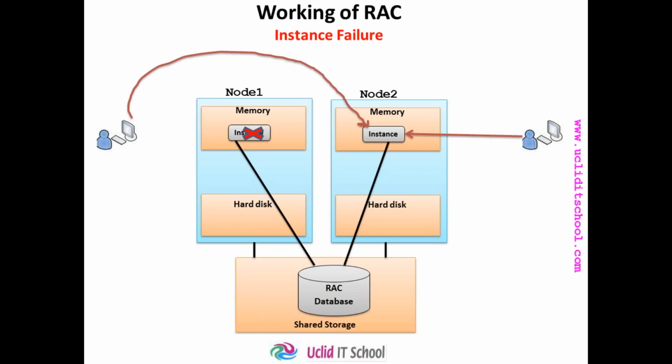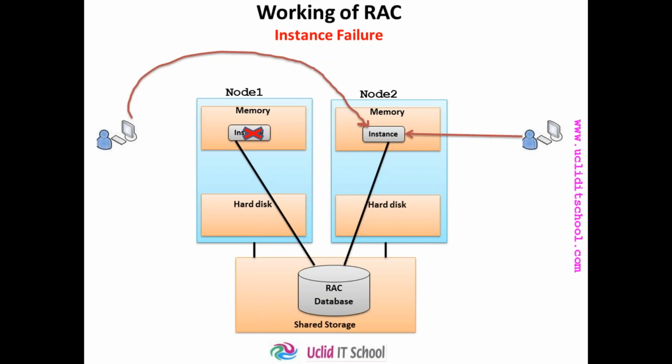That way, clients don't see any interruption. When an instance fails, they continue to access the database without interruption. So that way, instance failures can be masked from clients. Clients continue to access the database.